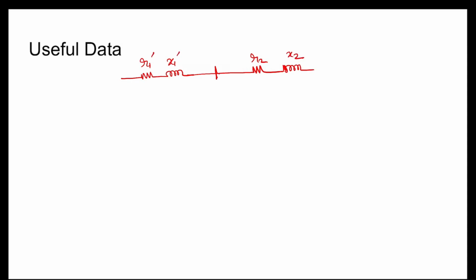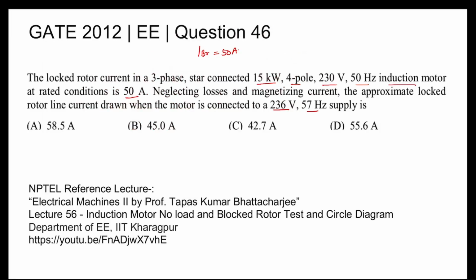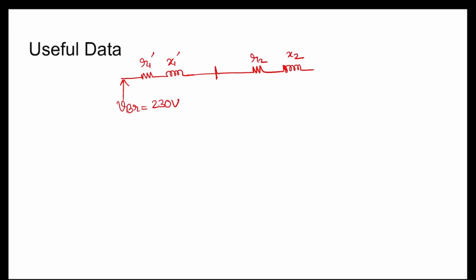All are transformed to the secondary side, and the blocked rotor test is performed at 230 volt line to line. See, 230 volt is always line to line. Now you have to convert it per phase. This is the per phase equivalent circuit diagram, approximate, because we have neglected the shunt branch, of the single phase induction motor.